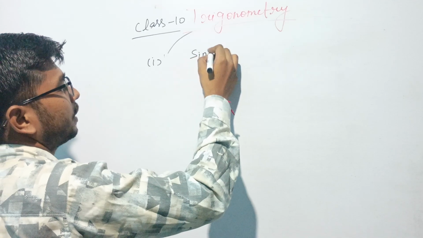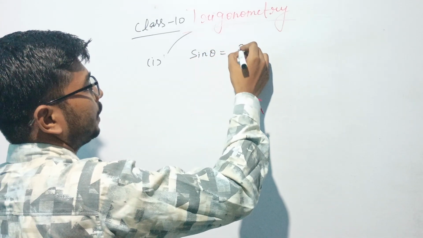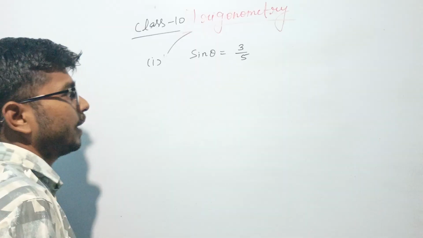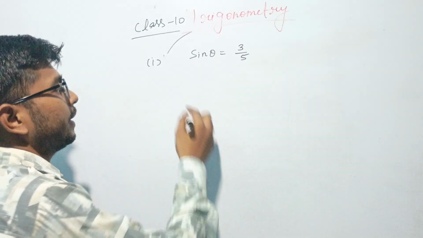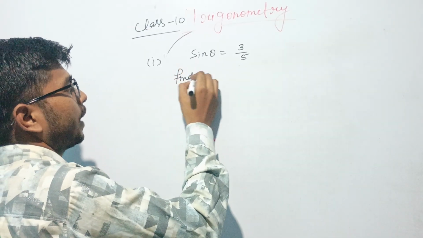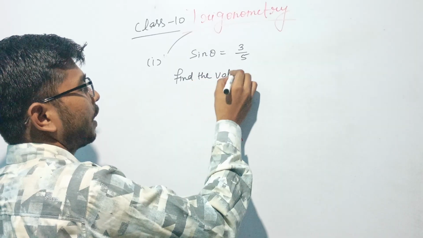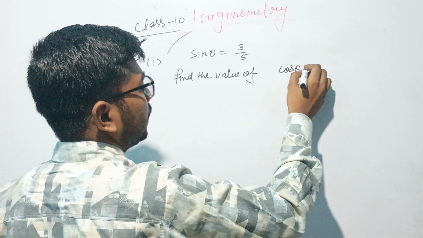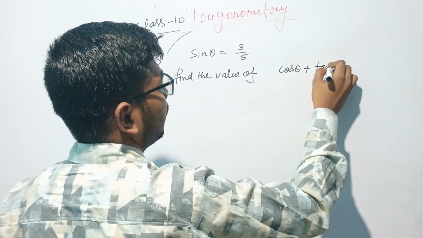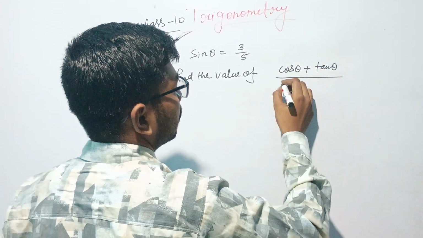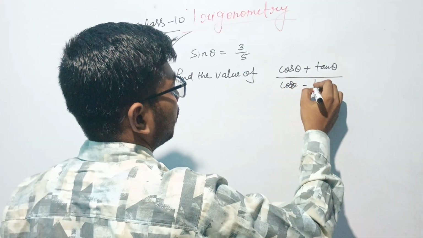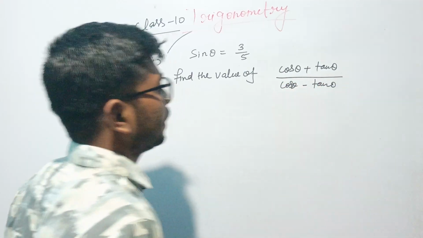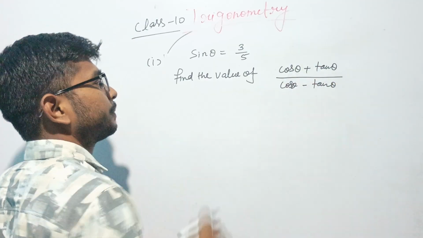So just think of any question. Sin theta is given 3/5, and they can ask: find the value of cos theta plus tan theta upon cos theta minus tan theta. Okay, so this way they can ask.